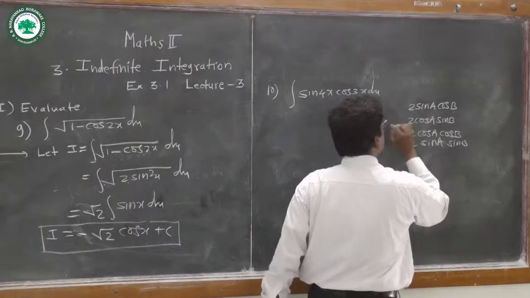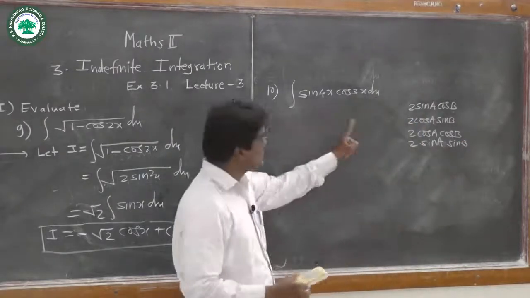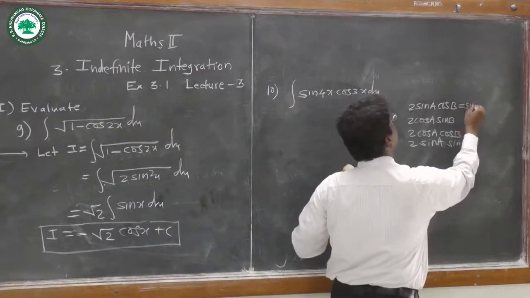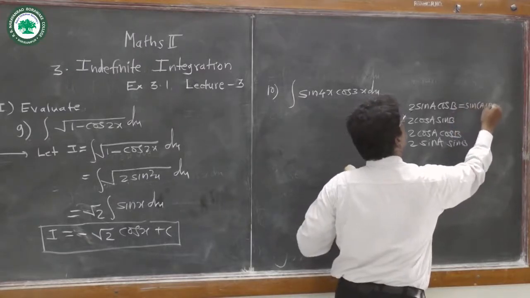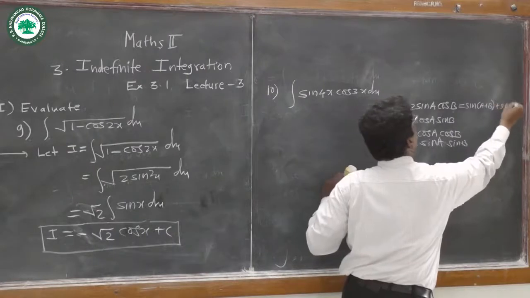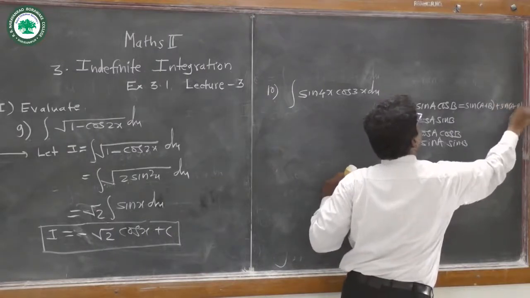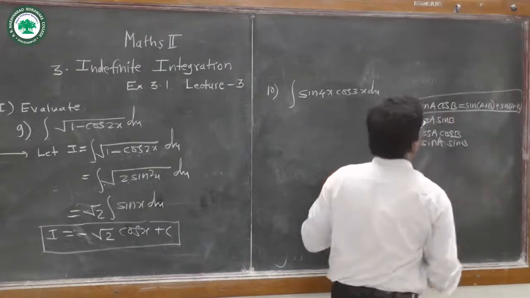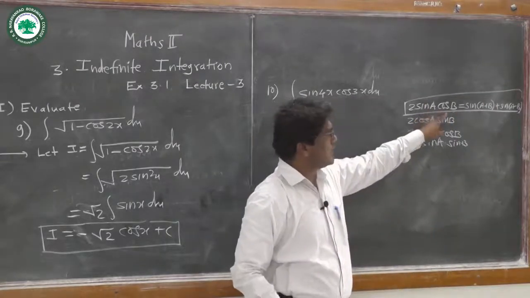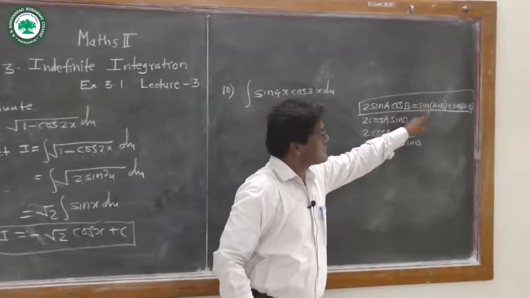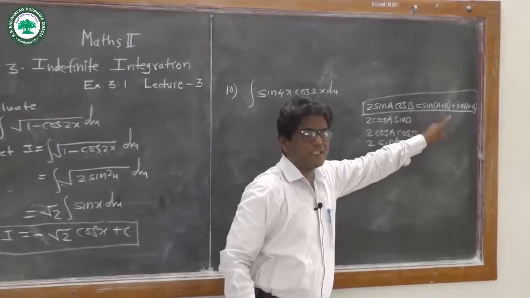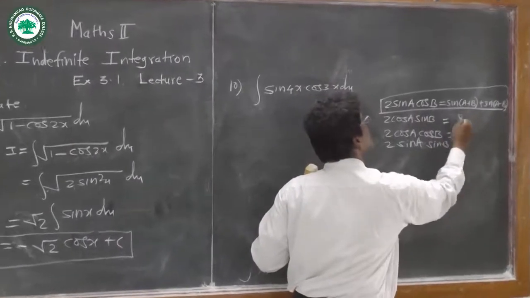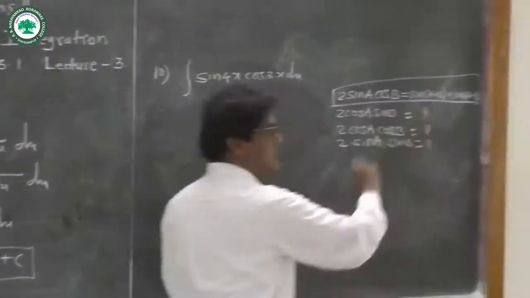Now we have to use the first formula: 2 times sin a cos b is equal to sin of a plus b plus sin of a minus b. You recall the remaining 3 formulas and learn these 3 formulas.